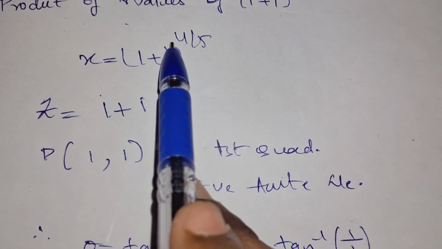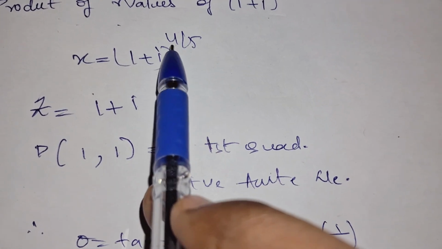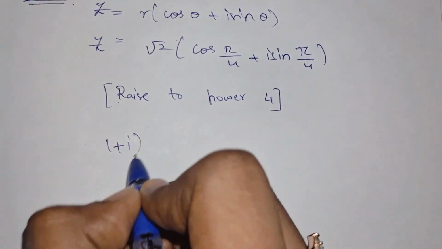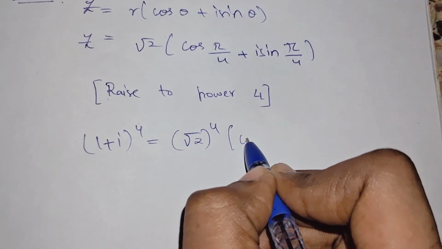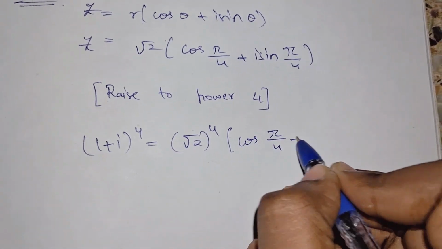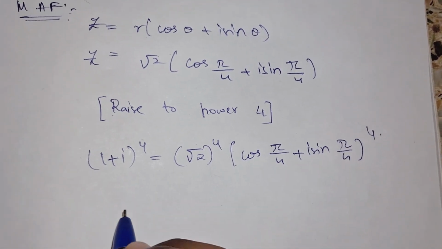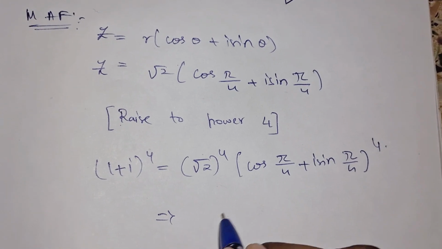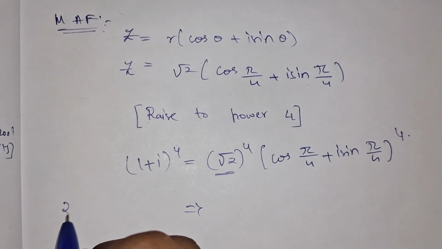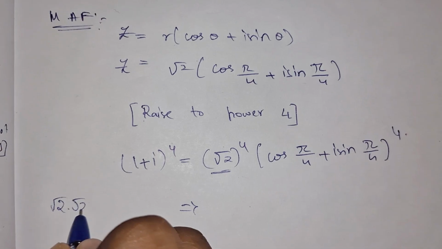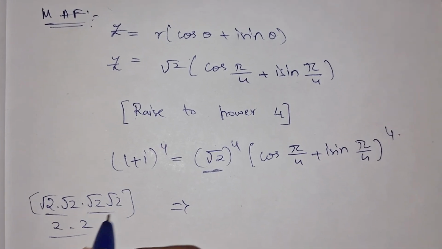So first I will raise it to the power 4, then I will raise it to the power 1 by 5. So I have raised it to the power 4, after which I will get root 2 to the power 4, which is 2 into 2, 4.